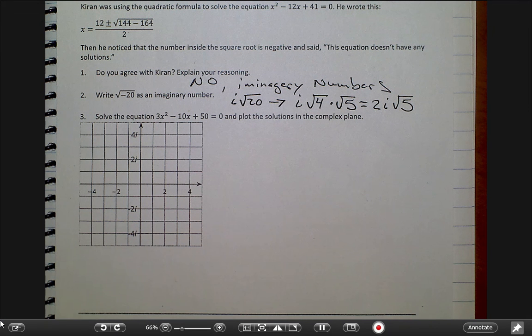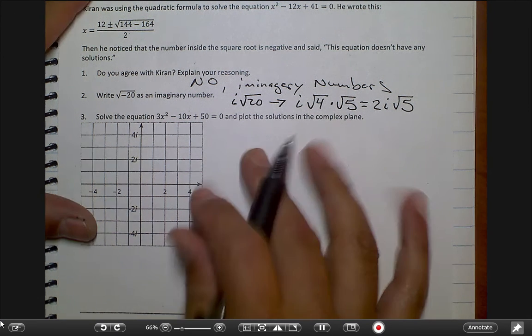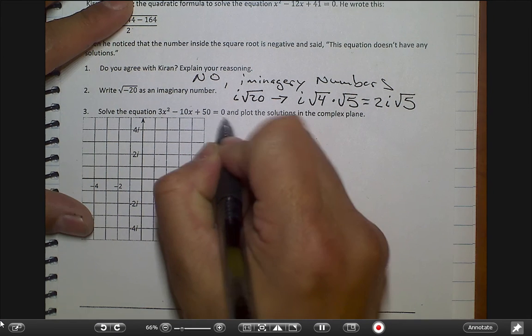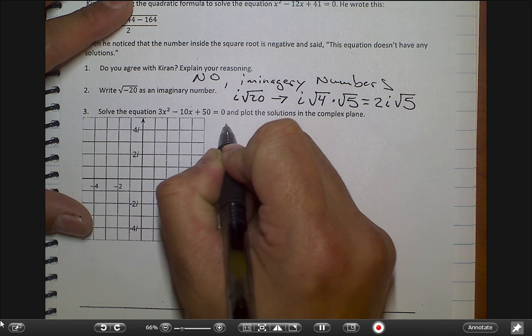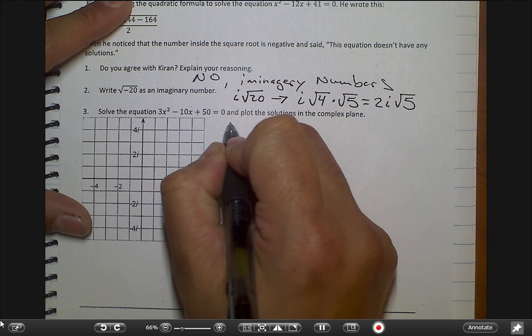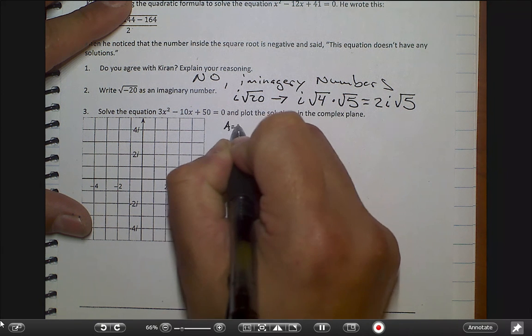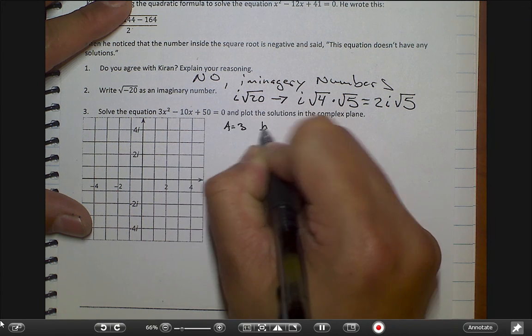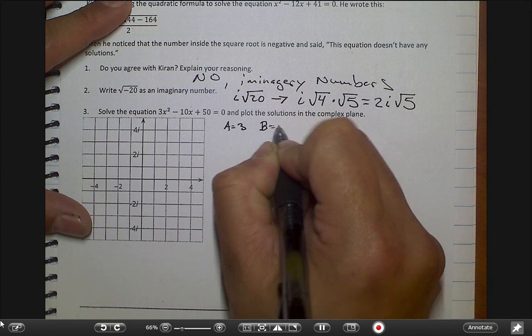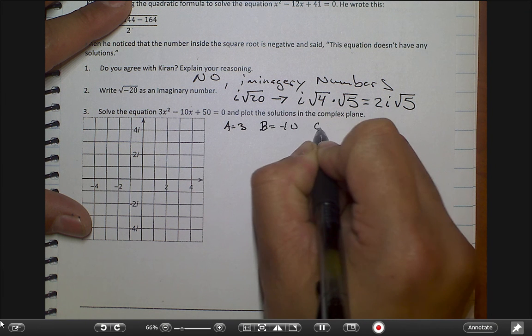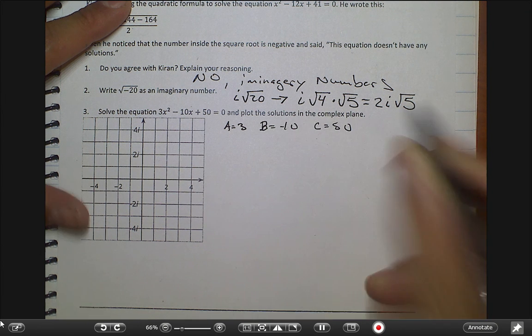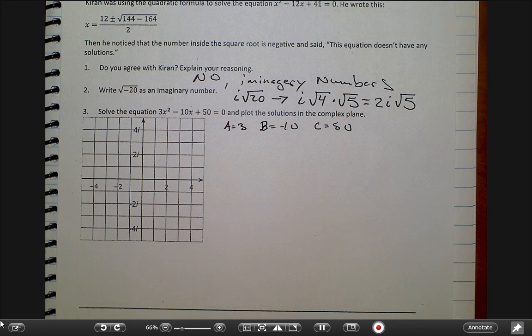I'm going to write out the quadratic formula, and we're going to use that. A is 3, B is negative 10, C is 50. So I would like you to start doing that right now.